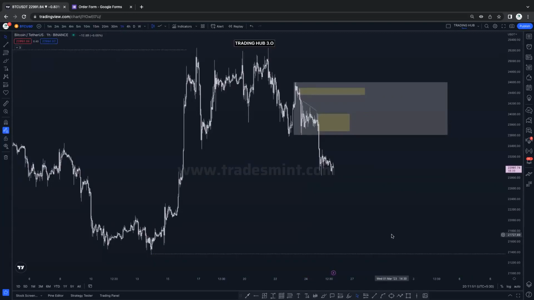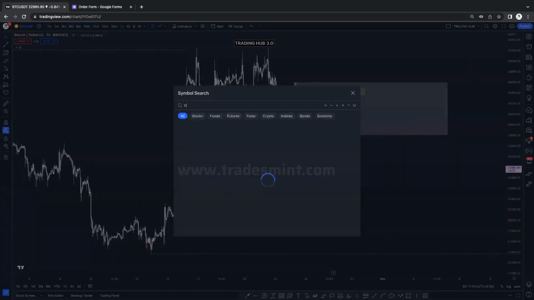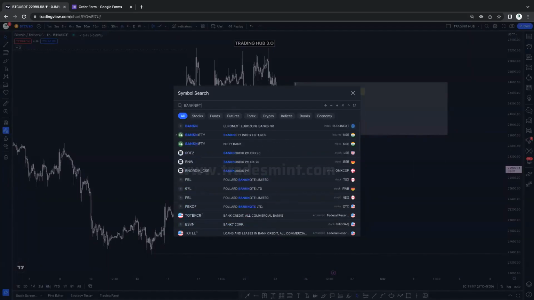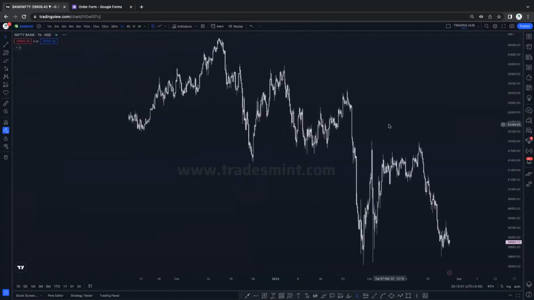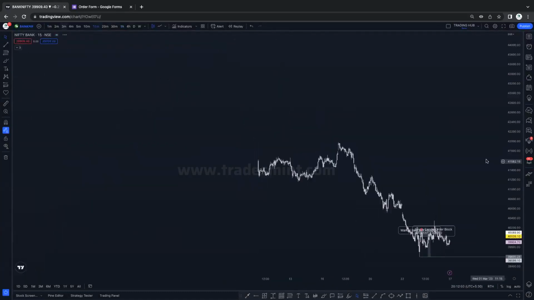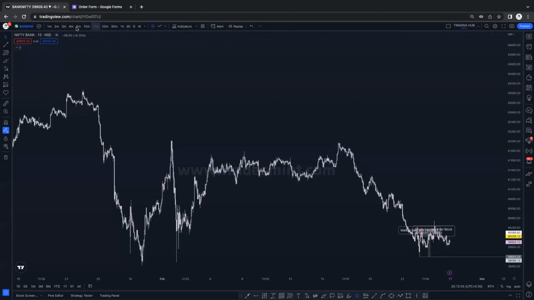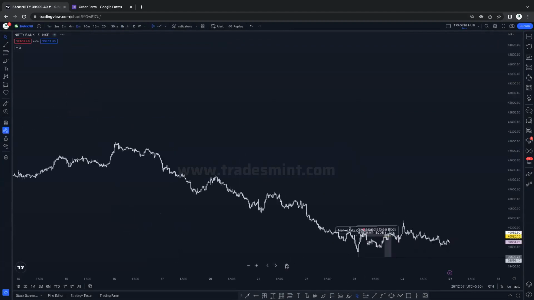All right. So again, in our Bank Nifty, what is happening here? Let's look at this one. Bank Nifty in the 15-minute and 5-minute time frame.